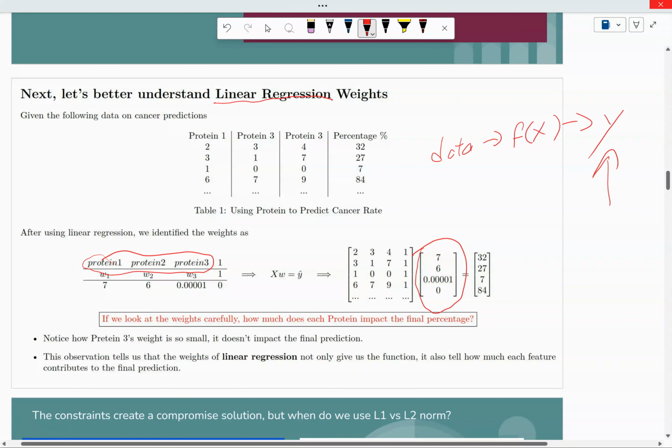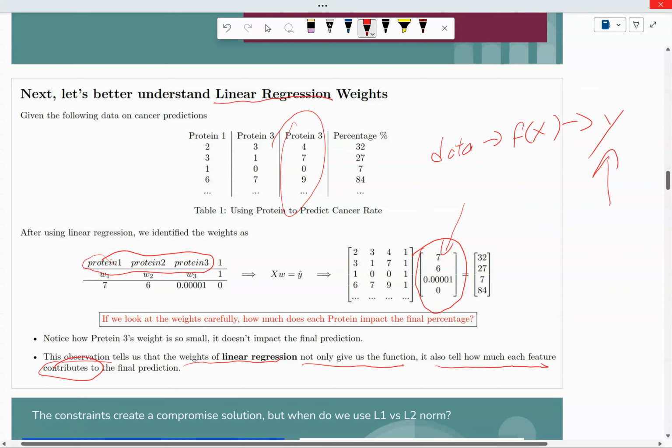However, if we just look at the weights themselves, it actually gives us a good amount of information, specifically how important each factor is that impacts the final decision. Once again, this observation tells us that the weights of the linear regression not only give us the function, they also tell us how much each feature contributes to the final prediction.